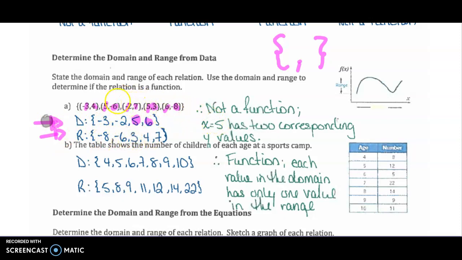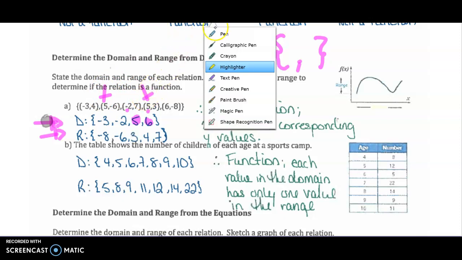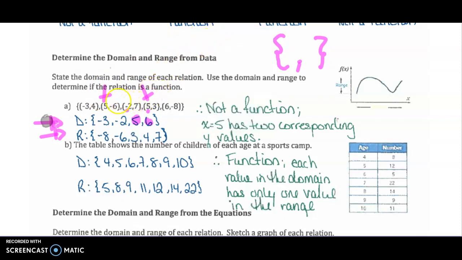And the reason it's not a function goes back to what we were talking about with the repeated 5s here. Here we have 5, -6, and here we have 5, 3, and together you have two 5s that give you different values.